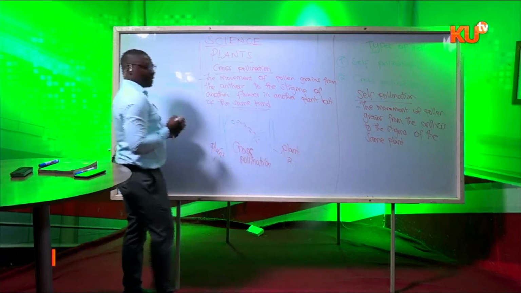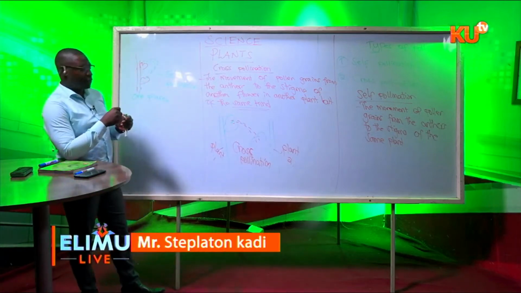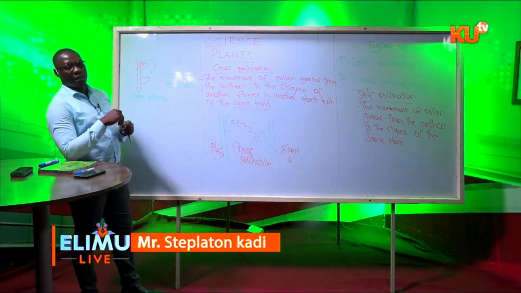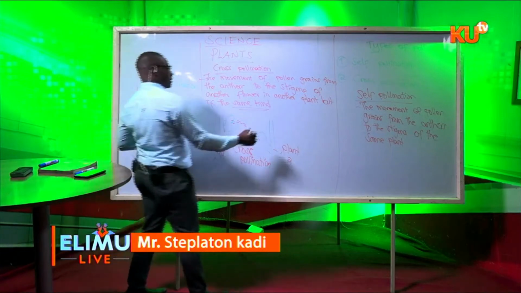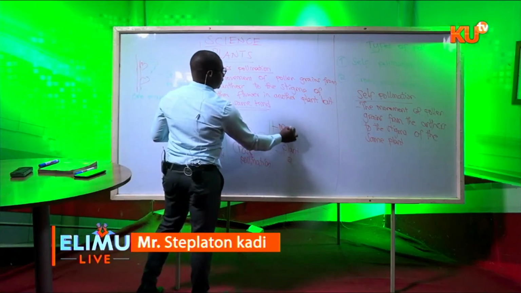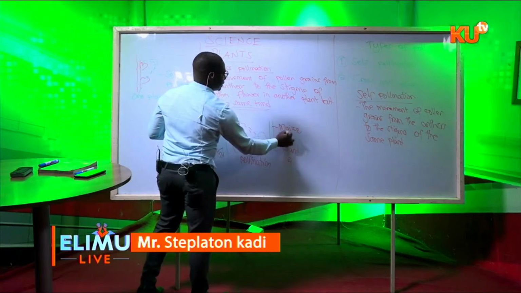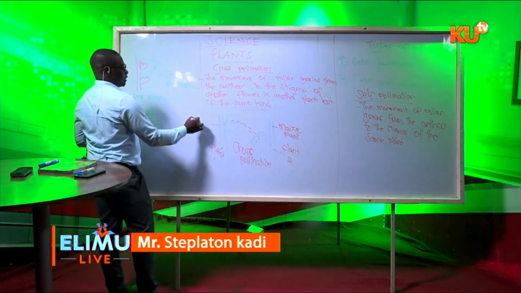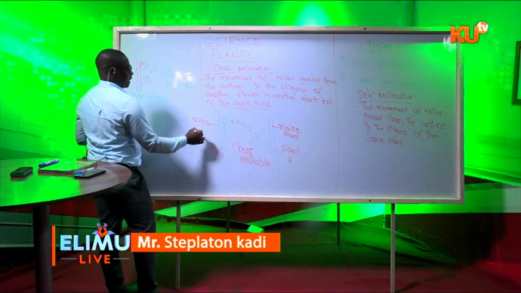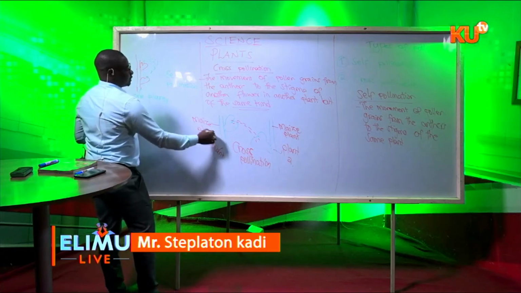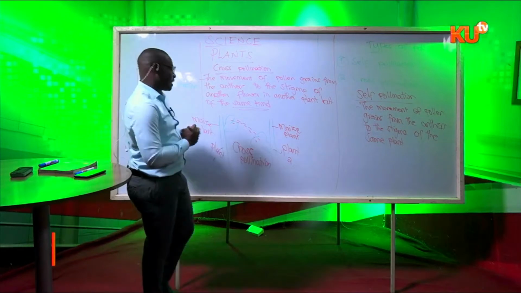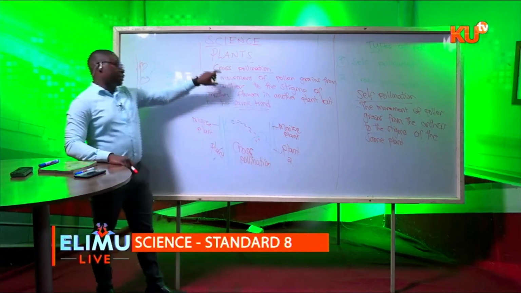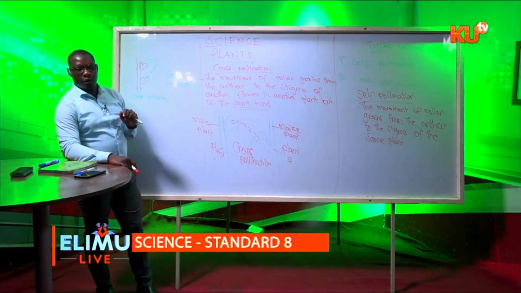So we have 2 plants, but remember the plants have to be of the same kind. If this is a maize plant, this one should also be a maize plant. That now will be cross-pollination.